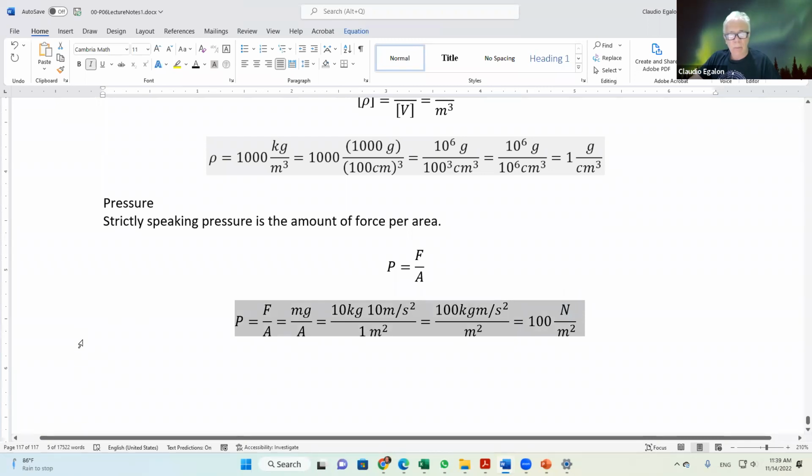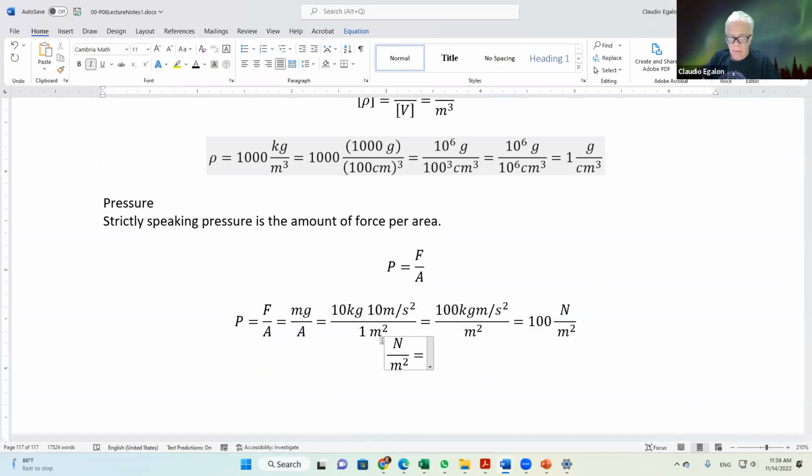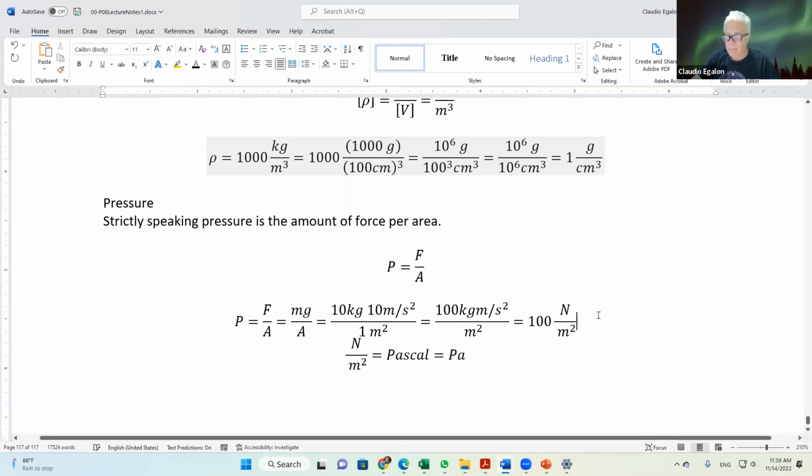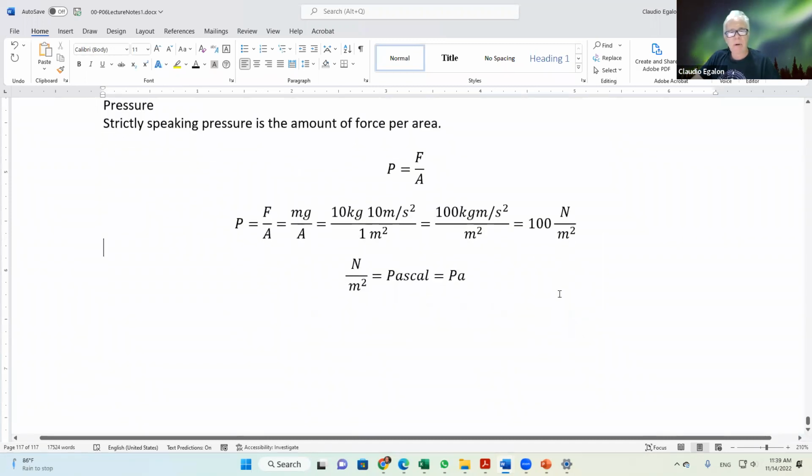Okay, 1 Newton per meter square is the unit of pressure. That is the Pascal. Pascal we abbreviate by the letters Pa. Okay, that's the picture that you have to have about pressure.